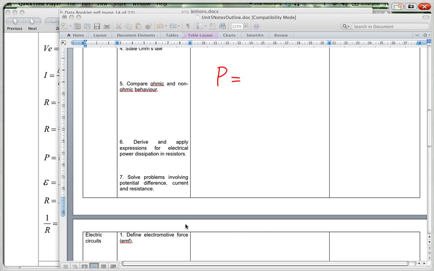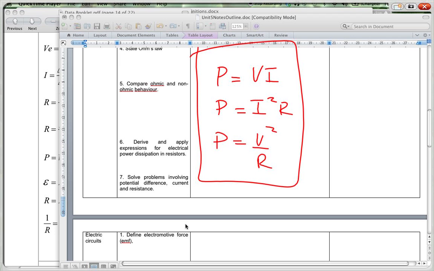Power is equal to VI, or power is equal to I squared R, or power is equal to V squared over R. Three formulas, and you'll find all three of them in the data booklet. Now all of them relate to power. Alright. Which is the energy per unit time.